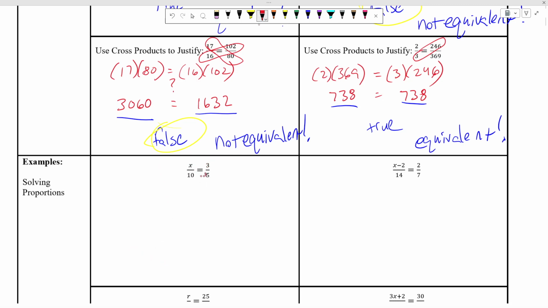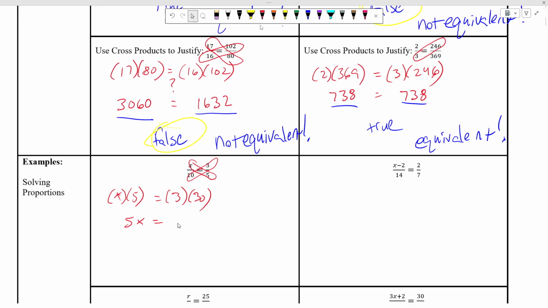Let's try it, guys. Same process, cross multiply, butterfly. I would get x times 5 equals 3 times 30. 5x equals, let's see, this one becomes 90, right? Is that right?